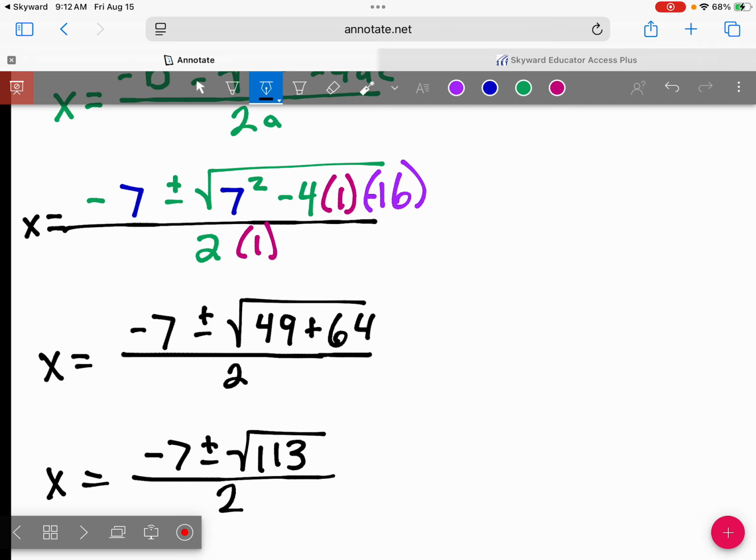Is 113 a nice, pretty square? No. That is not one I know off the top of my head. I know it's smaller than 121, which is 11 squared, and more than 100, which is 10 squared. So it's somewhere between 10 and 11. Does it have any factors that are perfect squares?